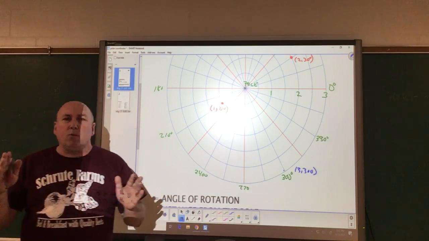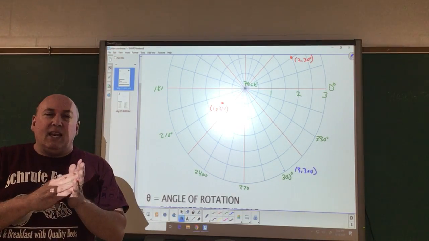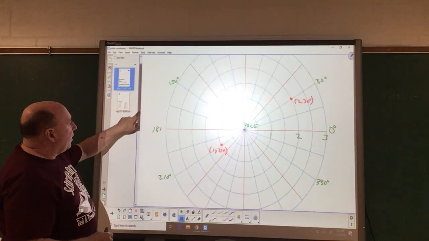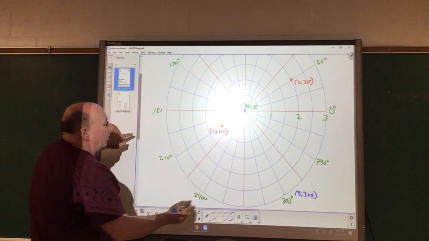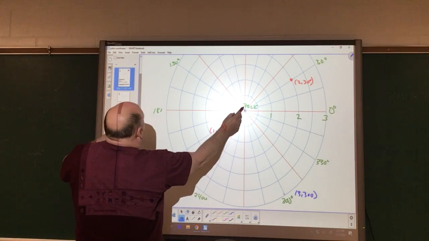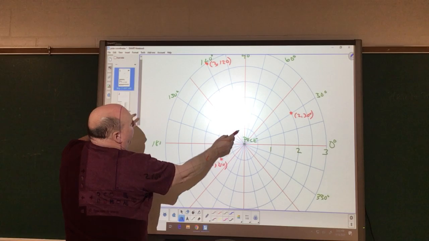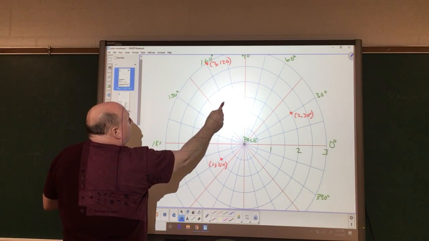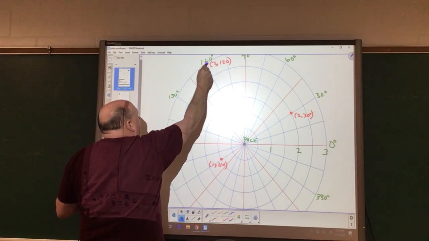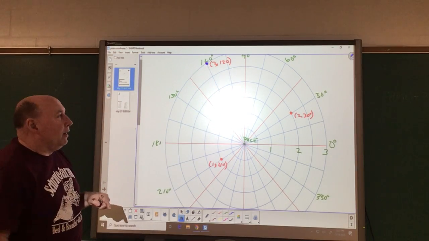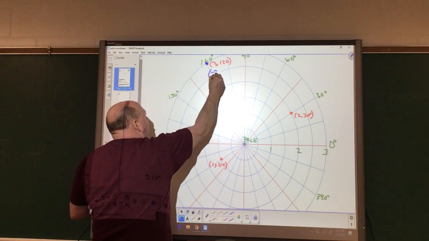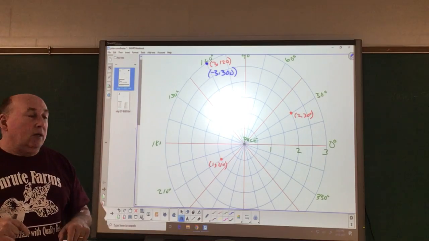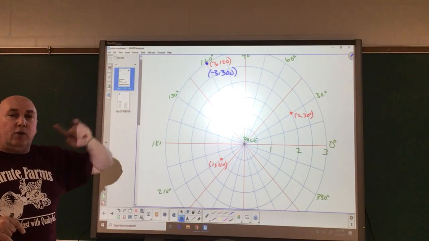Well, think about your xy coordinate system. If I have a negative, I just go backwards. So if I go out the 300 line, but I'm going to go backwards, that's going to put me on the 120 line. So I'm going to count out 1, 2, 3, and I'm here at the exact same point. So this point has 2 different ordered pairs.